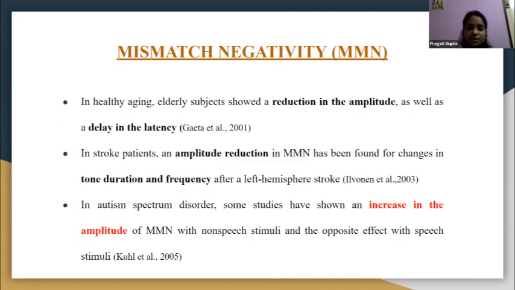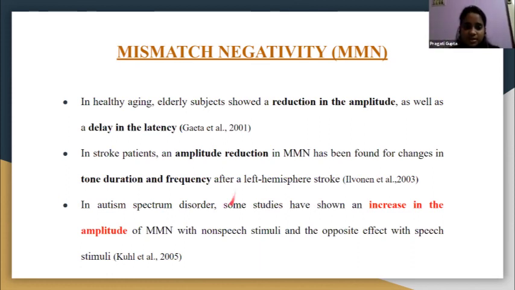In mismatch negativity, we see that in elderly subjects, like healthy adults, there is a reduction in the amplitude of auditory MMN and a delay in latency, because the processing and perception of the stimulus is affected by the gyrification of the cortex.